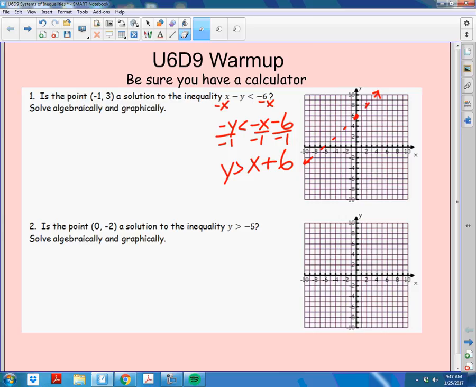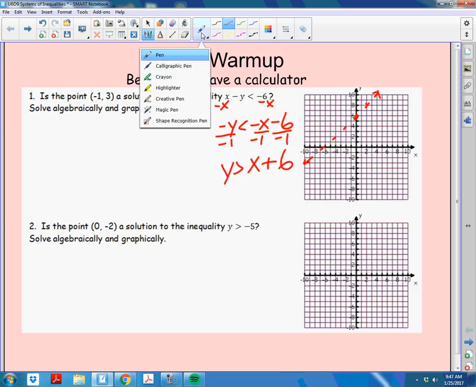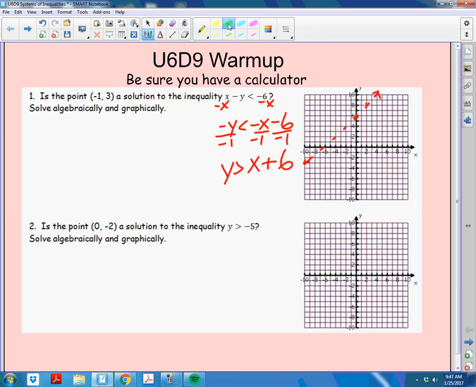Yes. And where do I shade it? Y above, because it says y is greater than. Guys, make sure that is something you get. You're just going to shade above. Then we simply graph the point (-1, 3). Is it a solution? It is not a solution.